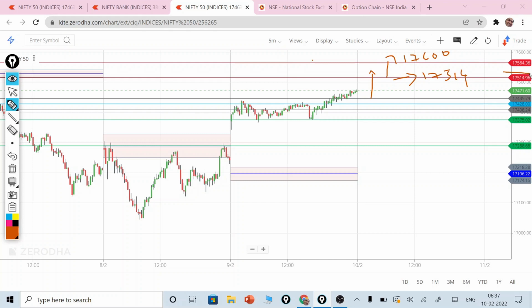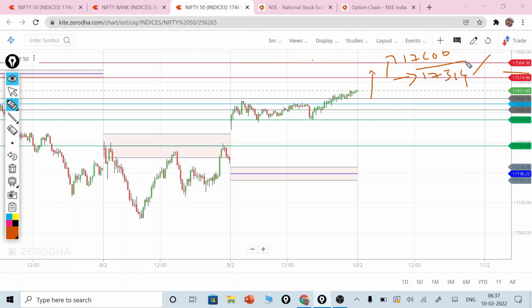So if it opens higher and sustains above 17,514, that is here, you can buy and hold for a target of 17,600, because the next resistance is around 17,564, which is very close to 17,600.